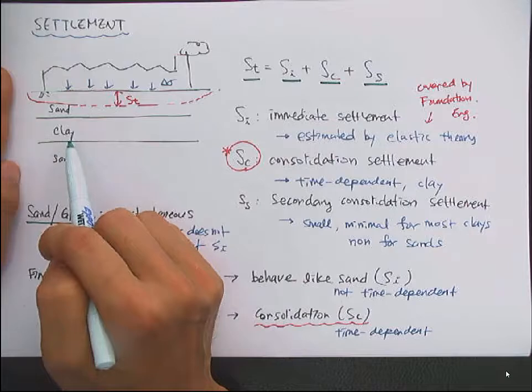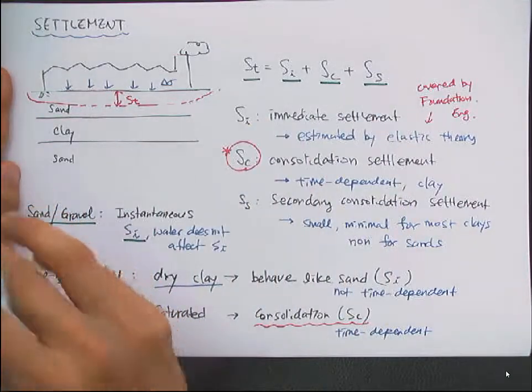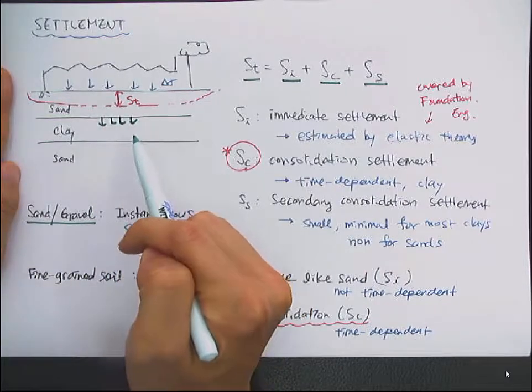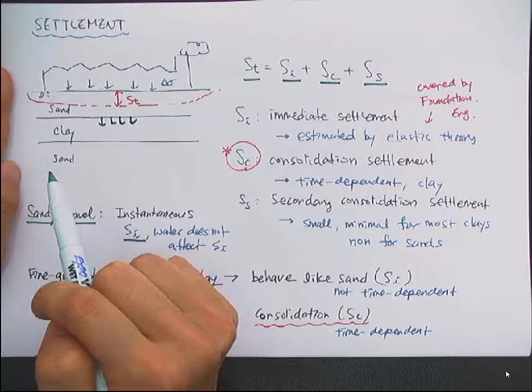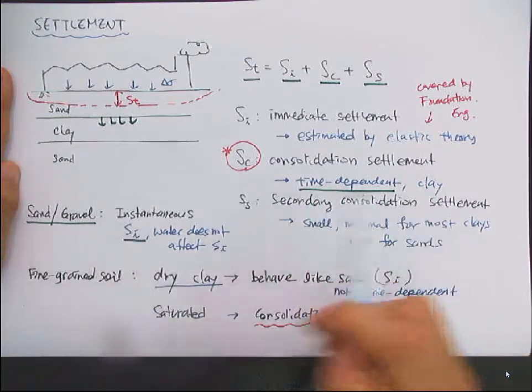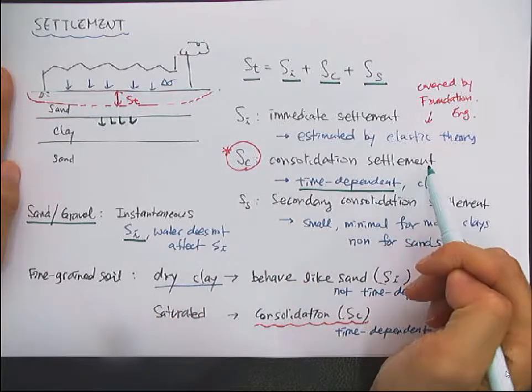But in the clay and the fine-grained sediment, because the permeability is low, when you squeeze it down, the water will need time to escape. So time-dependent settlement will occur, gradually increasing with time. And it's called the consolidation settlement.